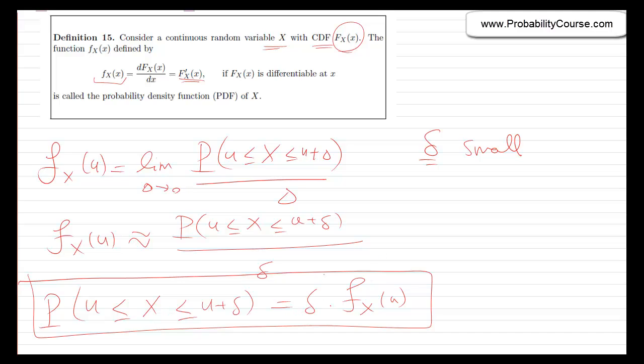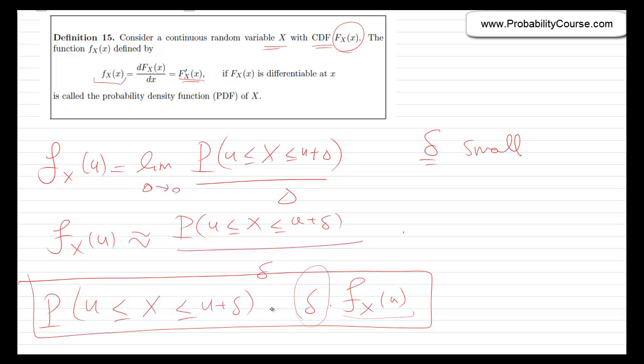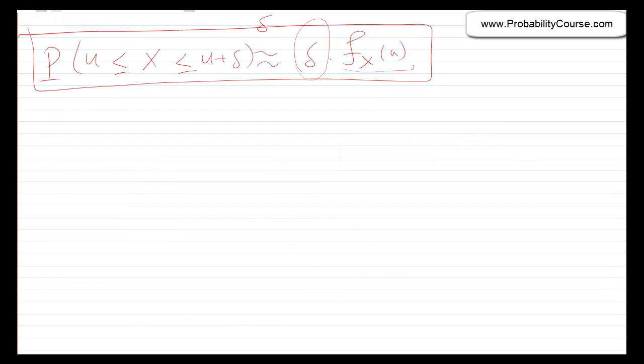To find the probability, we look at the length of the interval multiplied by the density of the probability. Of course, this is only true for small delta, so I should replace this equal sign with approximately equal.